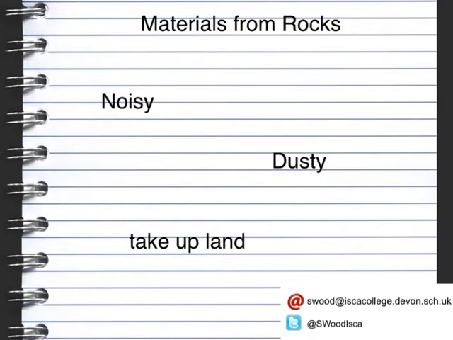They can also change the landscape, and also they can cause an increase in local traffic. Okay, now we need to consider the implications of these when we're looking to take rocks out of the ground.